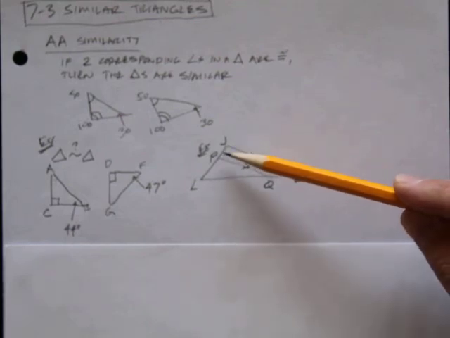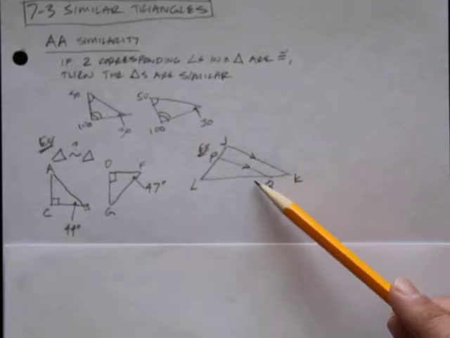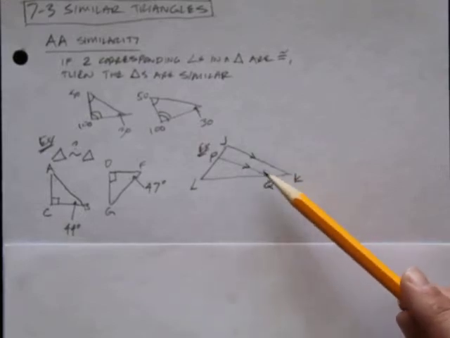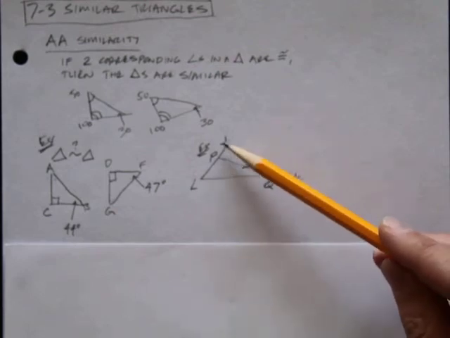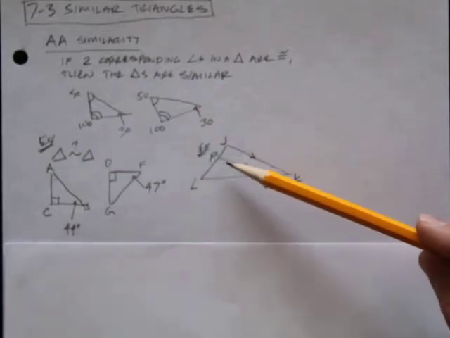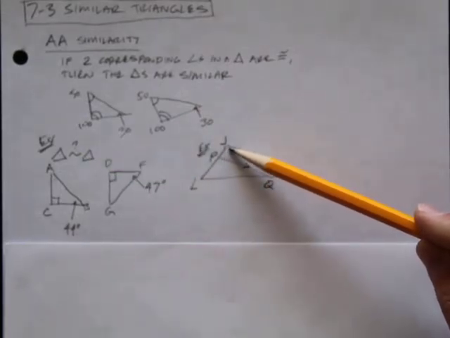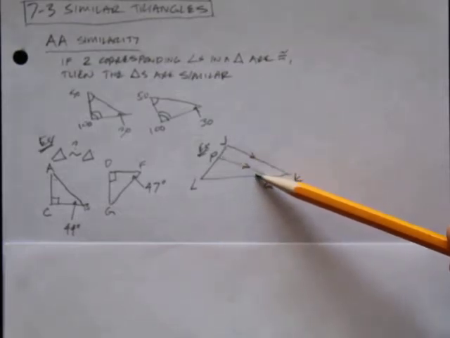or consecutive angles are congruent. Same thing here with K and PQL. So these are going to be congruent as well. And so if I have this big triangle and this smaller triangle, I know these are similar triangles because J and P are congruent and K and Q are congruent.